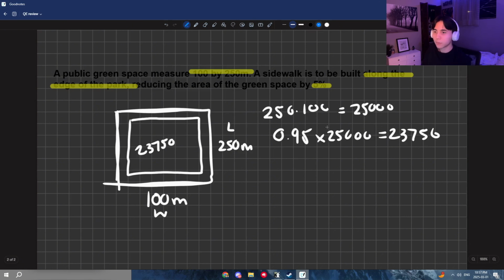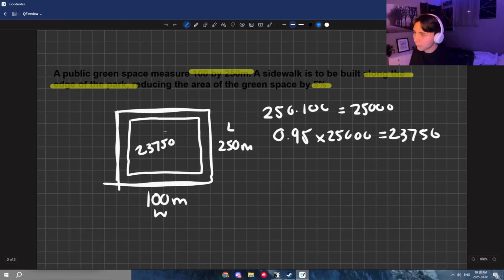Additionally, you could also multiply our original area by 0.05 to represent the 5%, and then subtract that from 25,000. But this is just a method so that you save time. So you write 95% since we're subtracting that 5%.